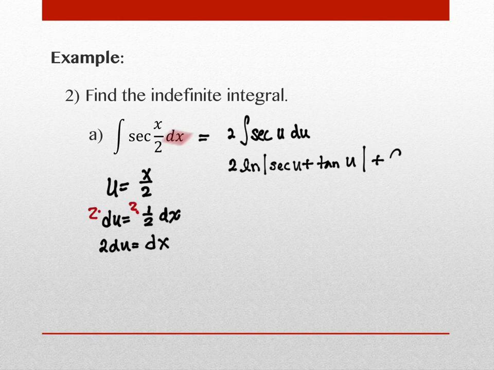And then I have my plus c, right? And then my last follow-up step would be to put the u's back in as x over 2's. So I have 2 natural log of secant of x over 2 plus the tangent of x over 2 plus c.